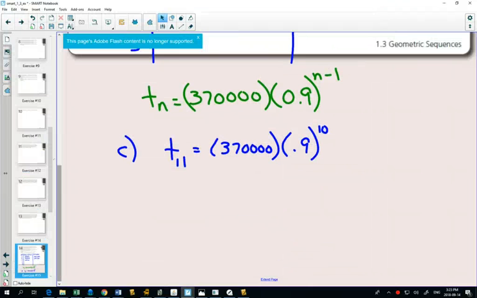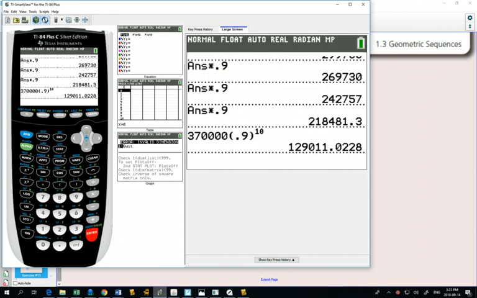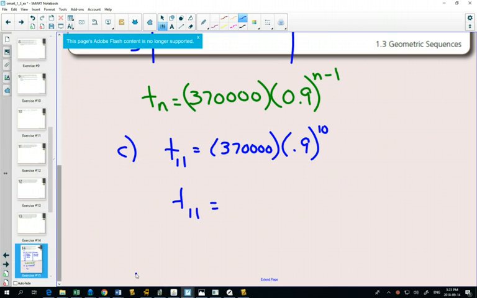Now, does someone have their textbook open? Because I'm curious, is this what the answer key says? 129,011. Yes, it does? Okay.